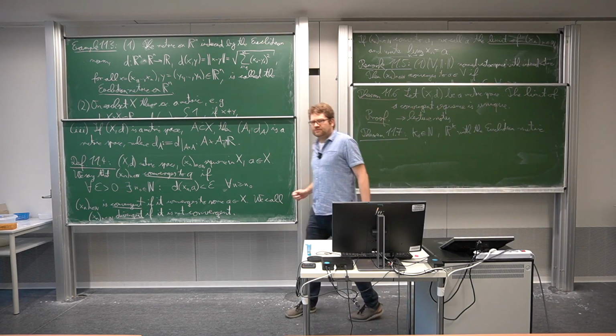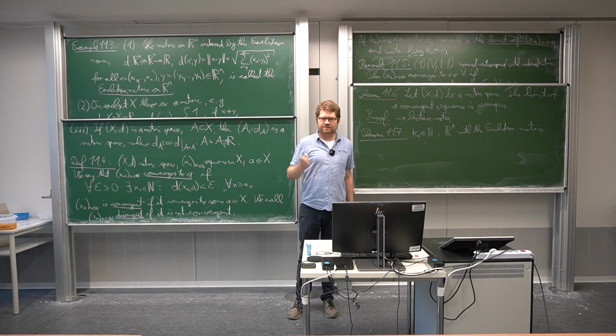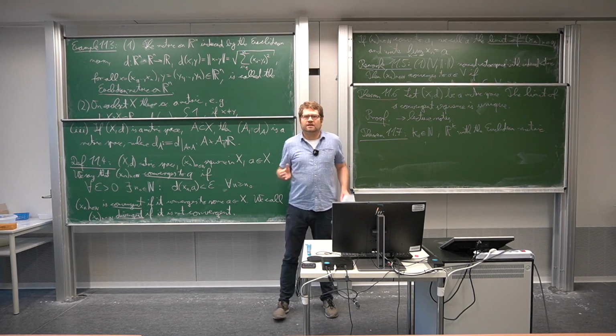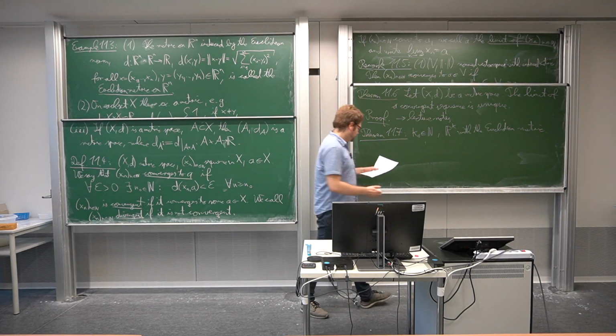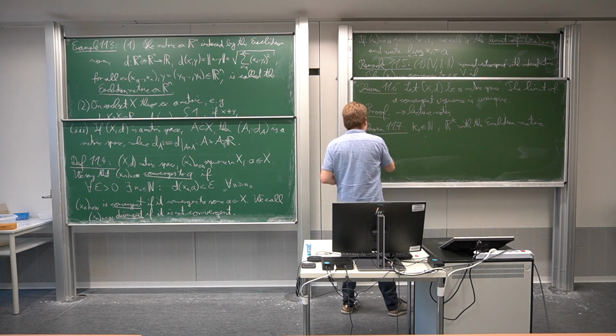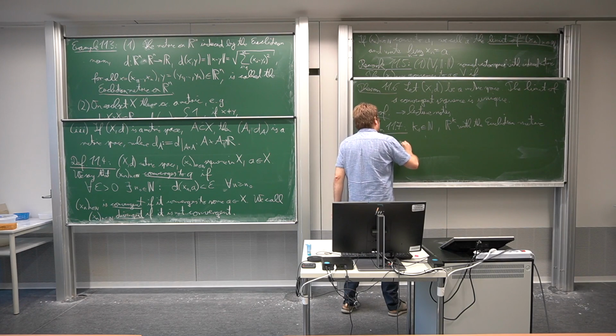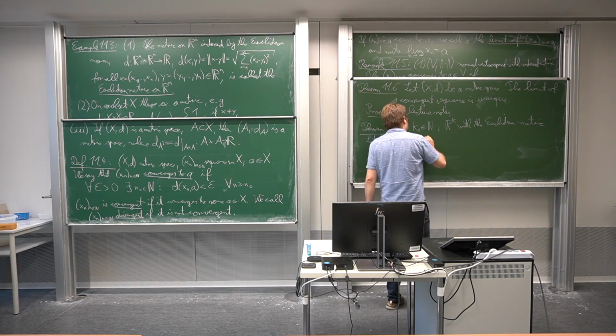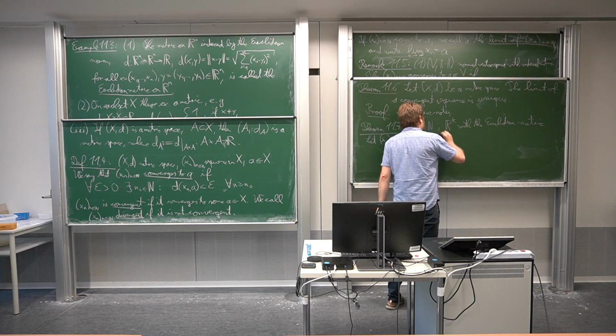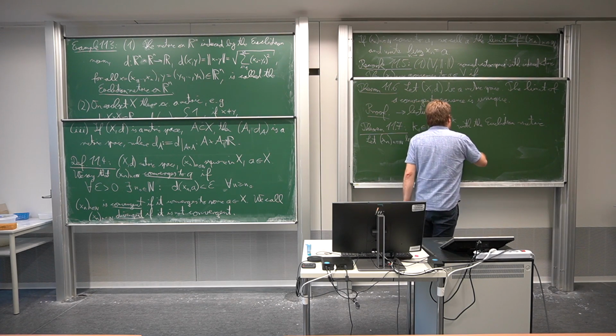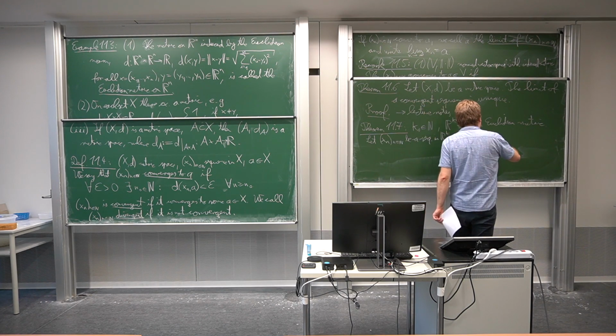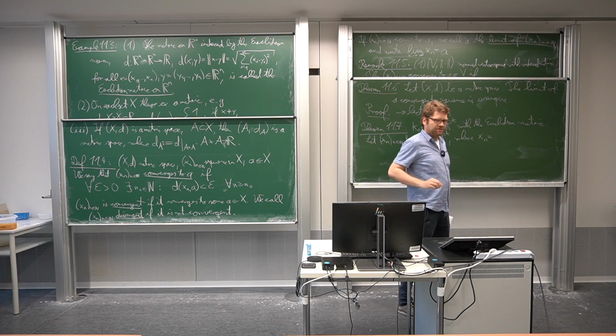Now, if we take a sequence in R^k, we of course have the different components. So let x_n be a sequence in R^k, and of course we can write all these elements as k-tuples of real numbers just by construction.